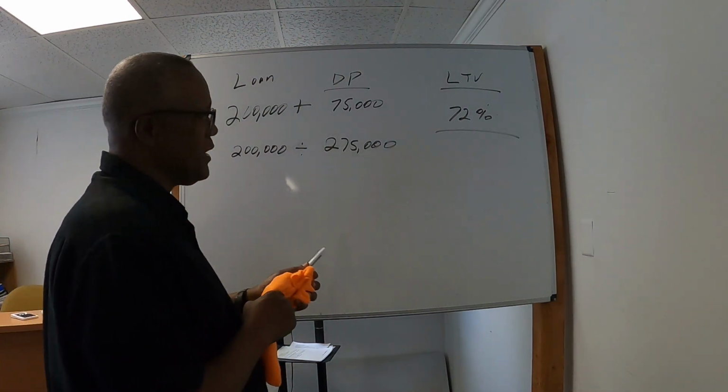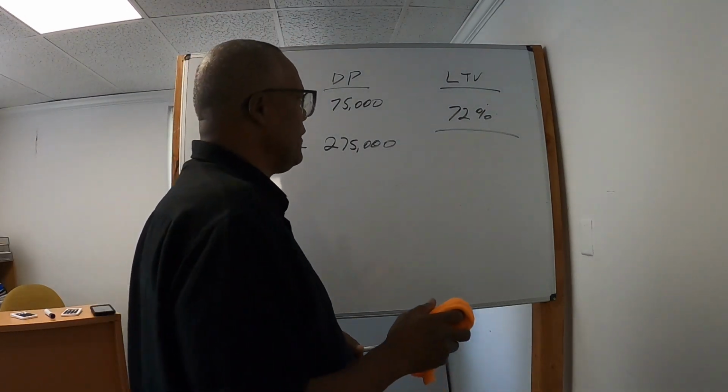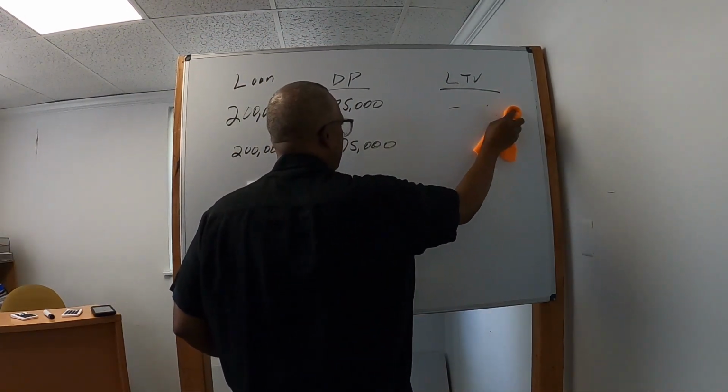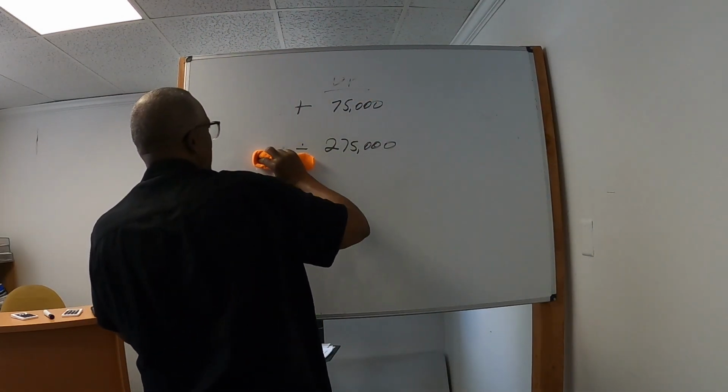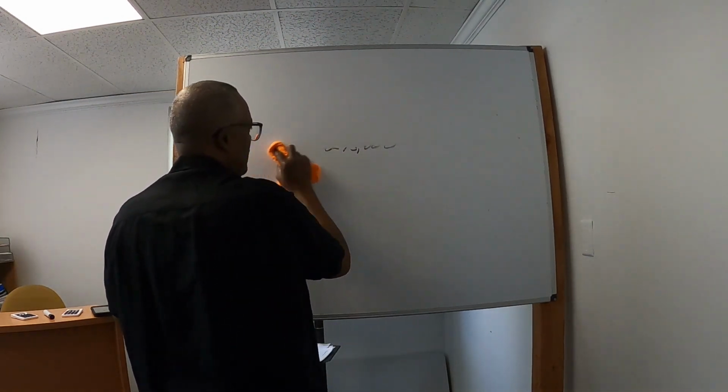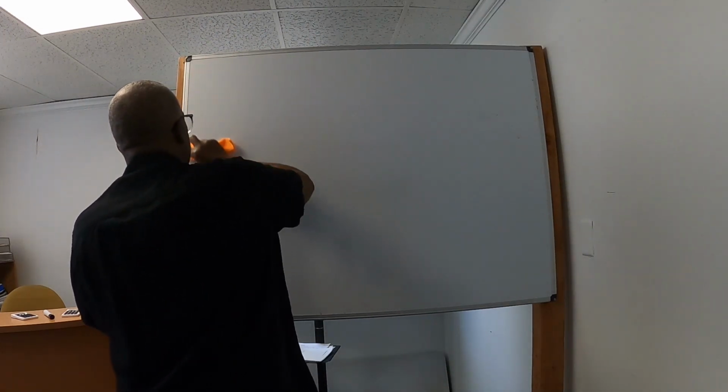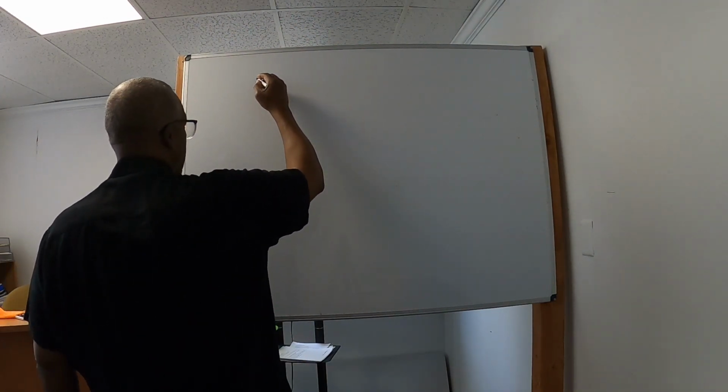Now, instead of LTV, they can ask you another way to do the math. They'll say in a paragraph that you have a purchase price. Let's give them a bigger one.